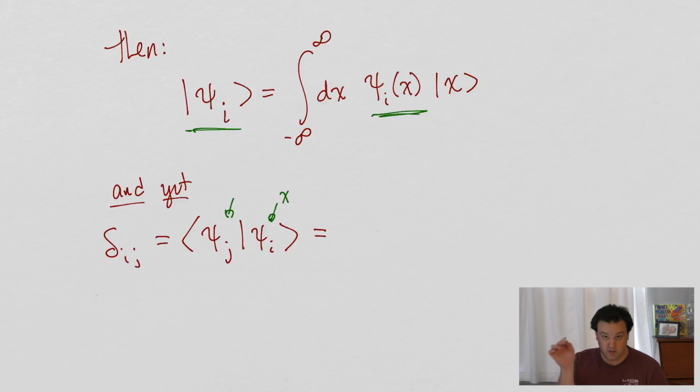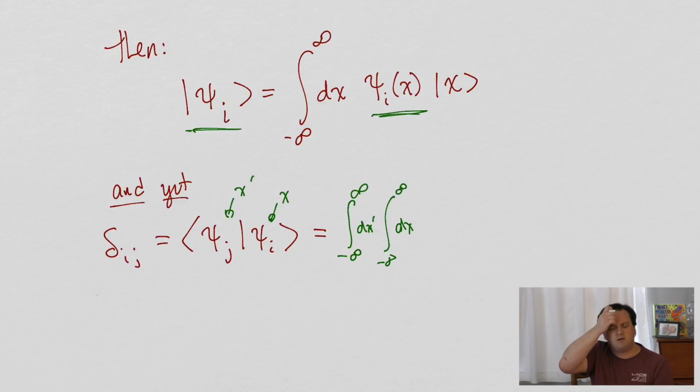Because I'm going to have two different integrals over x. And so I'm going to call one x, I'm going to call one x prime. So I have the integral from minus infinity to infinity of dx prime. I then have the integral from minus infinity to infinity of dx. I'm going to write both integral symbols here, although I tell you the truth, I don't tend to always do that. Now I have two of these copies, right?